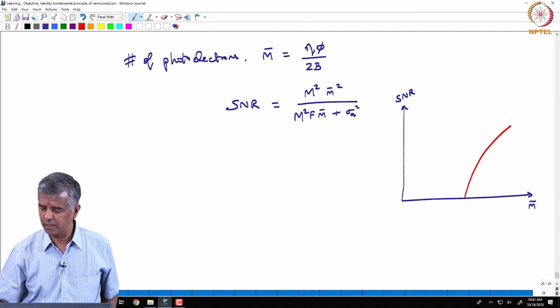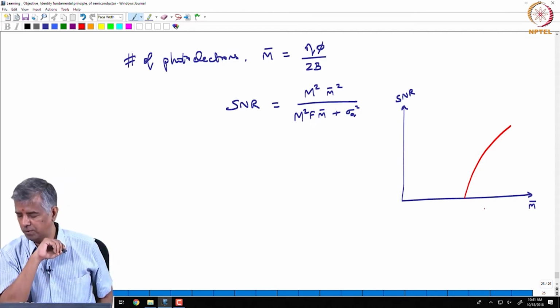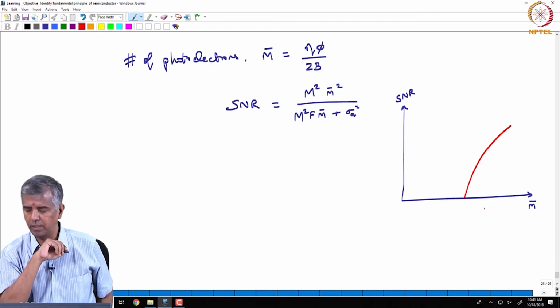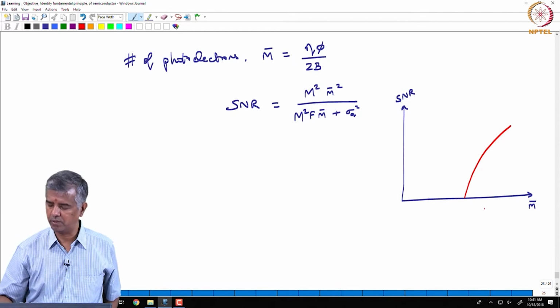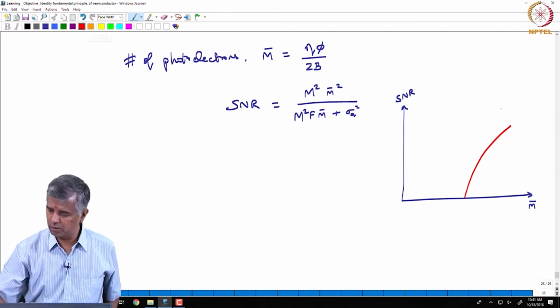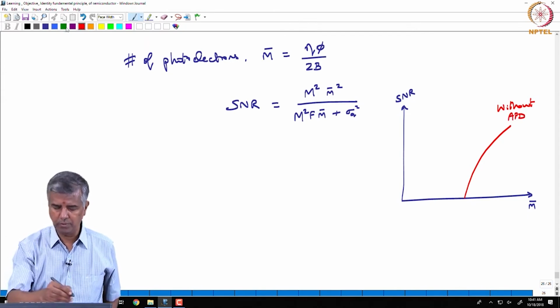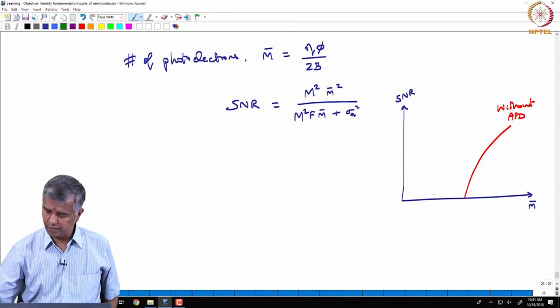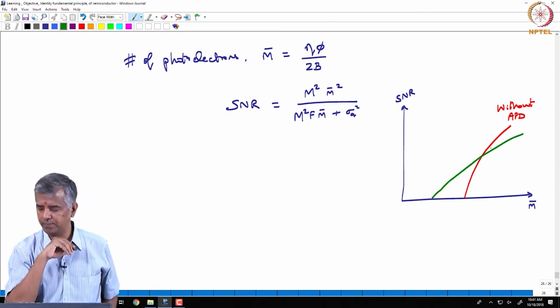Your SNR increases with the mean number of photoelectrons, and so the more the photoelectrons, the more will be your SNR. But this is without APD, and with the APD what you will find is it goes something like this.